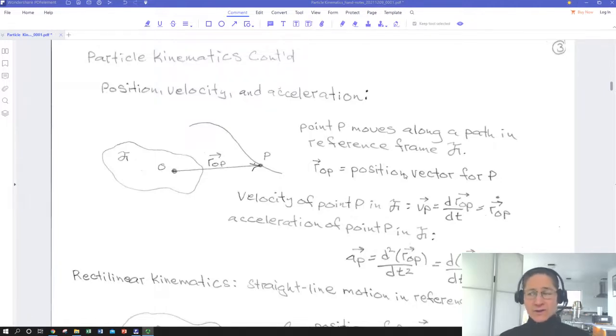That's one of our important equations of motion. Well, it's ROP, if we're talking about position with respect to that reference frame, which we'll concern ourselves with now.